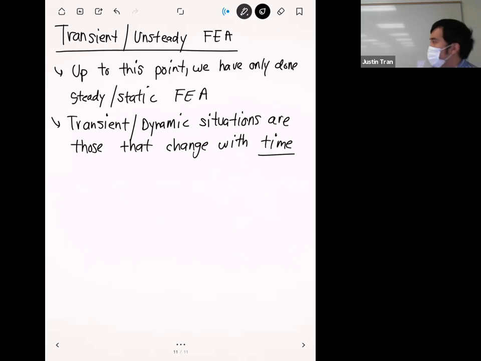Because we have this new time element added to our simulations, that's going to change things up quite a bit. Before, when we would run a finite element simulation on a static situation, we would get a snapshot of the results.